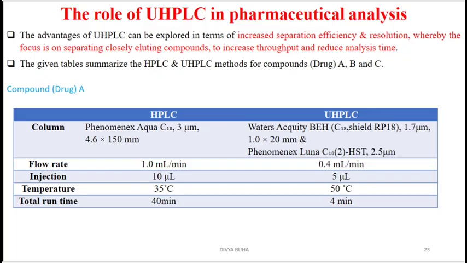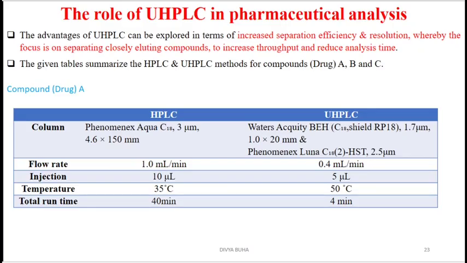Okay, octadecyl because 18 carbon atoms would be there in the molecule, and silane because these carbon atoms would be bonded to the silica particles. And this type of column would be a reversed phase column, and the stationary phase, which is C18, would be non-polar in nature, and that's why it is used for the separation of polar compounds, right?